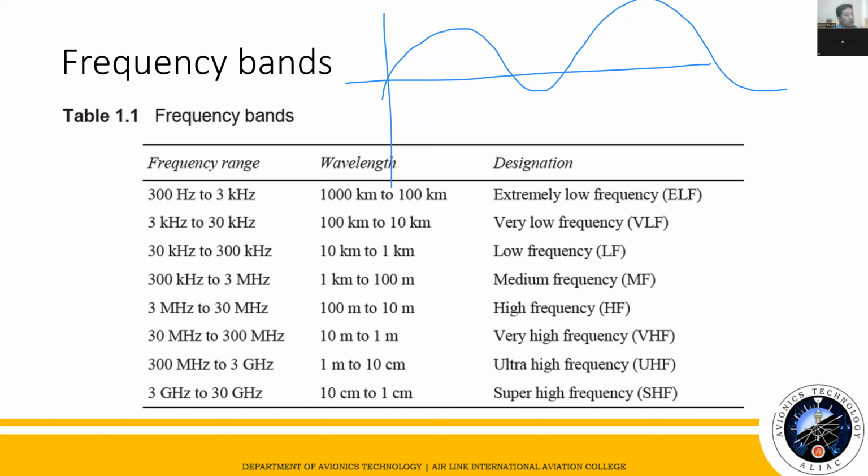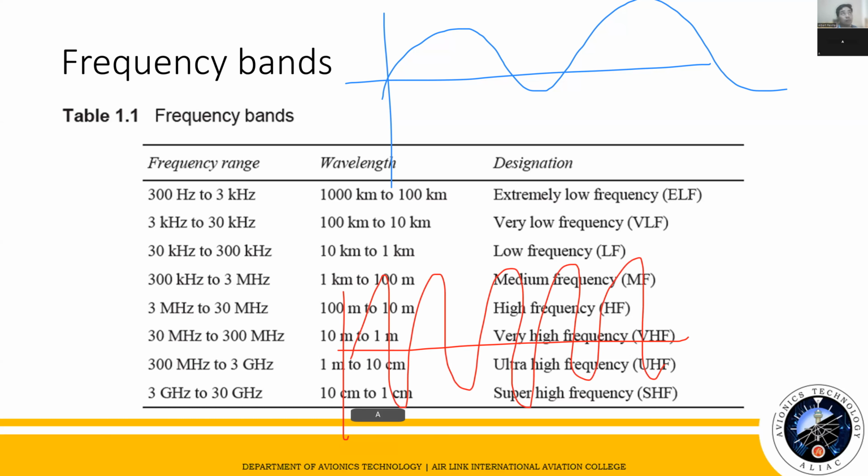So when you describe the wavelength of 3 gigahertz to 30 gigahertz, 10 centimeters to 1 centimeter. Ganyan yung frequency wavelength nila.